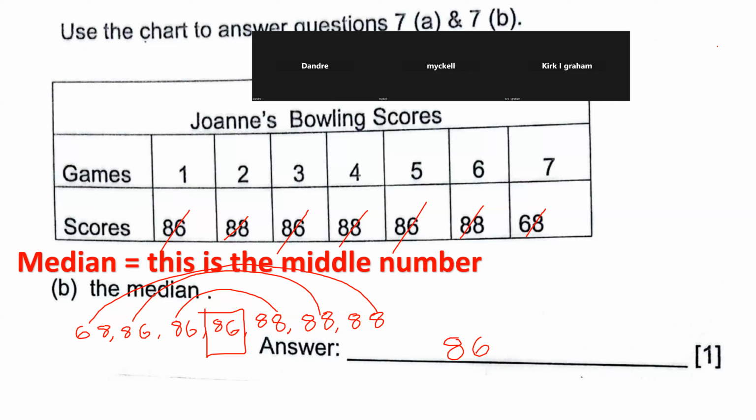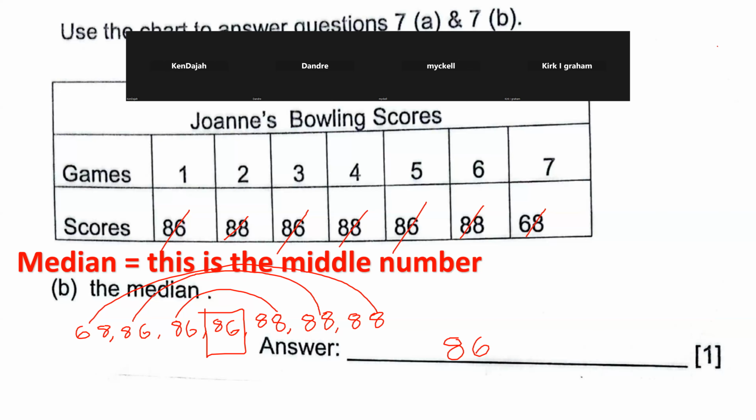All right, let's move on to the next question. Mr. Petit, I didn't get to read it yet. Do you know how to do it? Yes, sir. Okay, great. What is the median?